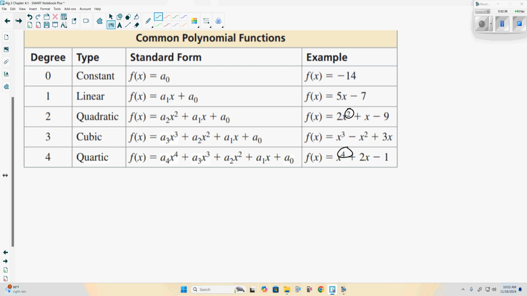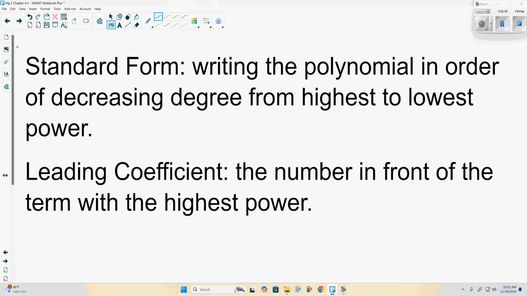Now, defining or classifying polynomial functions, or if we're going to write them out. If we write it in standard form, writing a polynomial in standard form is writing it in decreasing degree from highest to lowest. So whichever variable has the biggest exponent goes first, second, third, fourth.